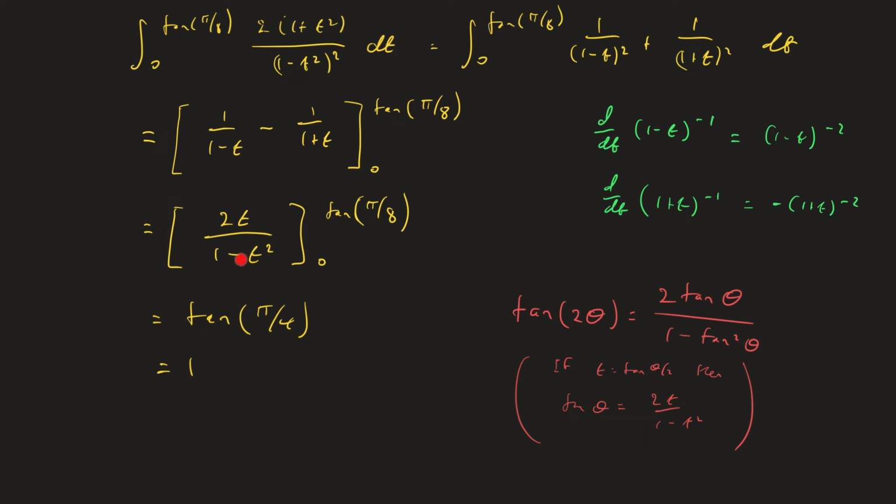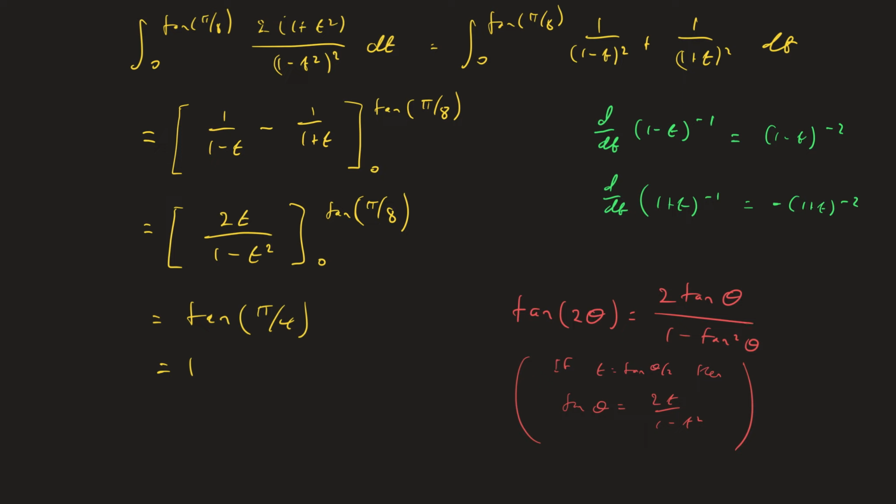We can recognize this corresponds to a double angle formula. From the previous page, we know that tan of 2 theta equals 2 tan theta on 1 minus tan squared theta. Indeed, if t equals tan theta on 2, then we saw on the previous page that tan theta was 2t on 1 minus t squared, and that leads directly to this.